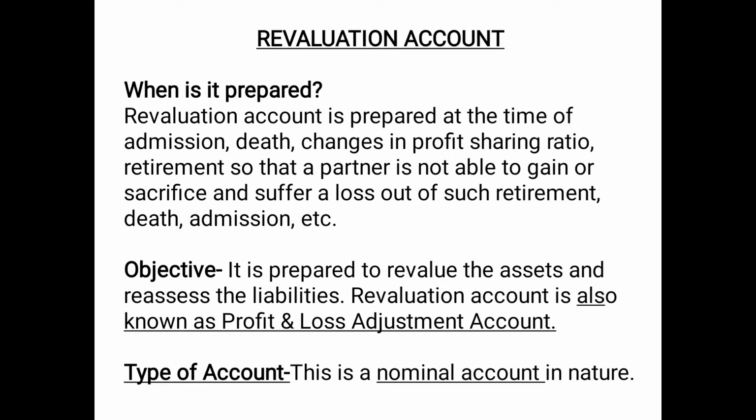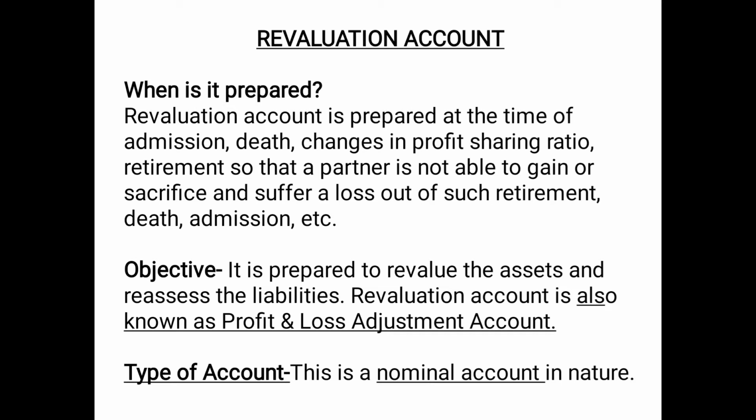When is it prepared? A revaluation account is prepared at the time of admission, death, change in profit sharing ratio, retirement, so that a partner is not able to gain or sacrifice and suffer a loss out of such retirement, death, admission, etc. It means that a revaluation account is prepared whenever a firm is reconstituted.